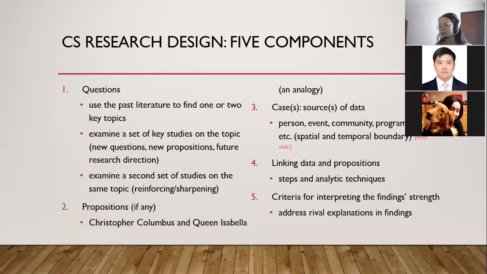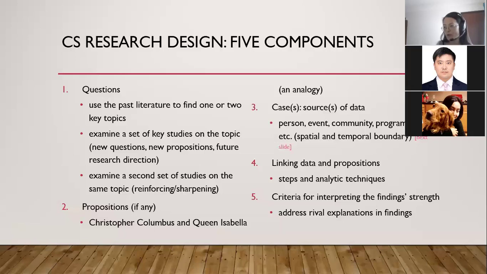But in qualitative research, like a case study, you don't have a p-value, for instance, right? So in this case, we address rival explanations in findings. So your propositions have some rival situations, right?